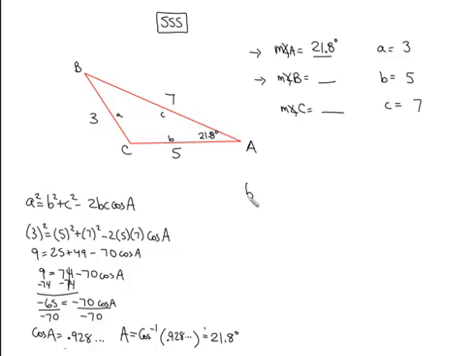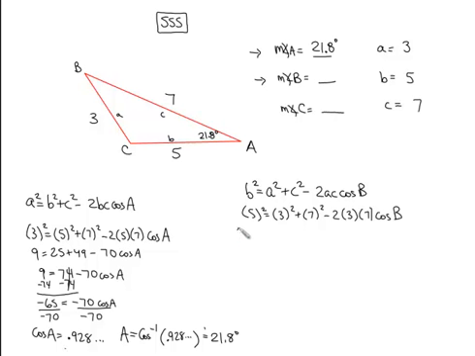So I'm going to use little b squared equals a squared plus c squared minus 2ac cosine of B. So 5 squared equals 3 squared plus 7 squared minus 2, 3, 7 cosine of B. 25 equals 9 plus 49 minus 42 cosine of B. 25 equals 58 minus 42 cosine of B. Again, I cannot combine these, so I have to subtract this to the other side.